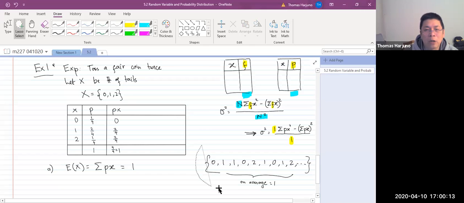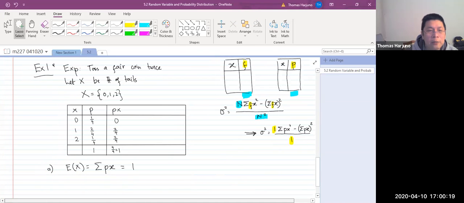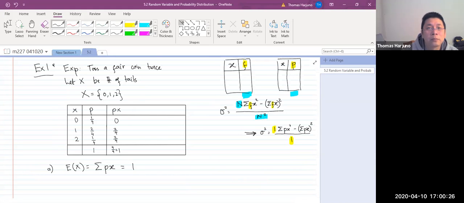Now, how to find the variance then? I do the second extension. If you remember from the first 2 weeks, we will have x squared here, and then px squared.